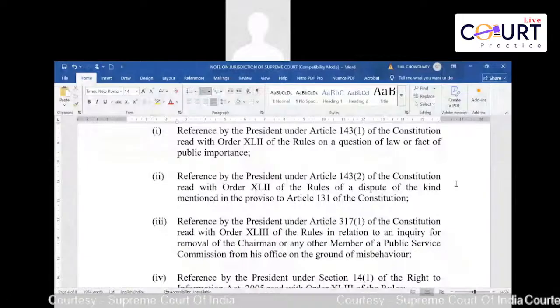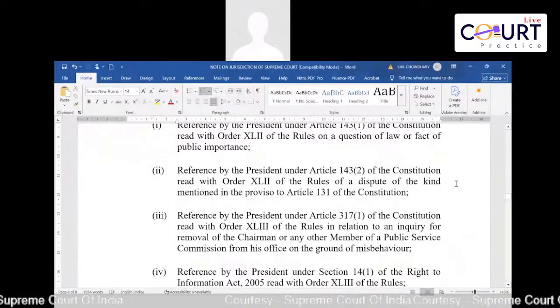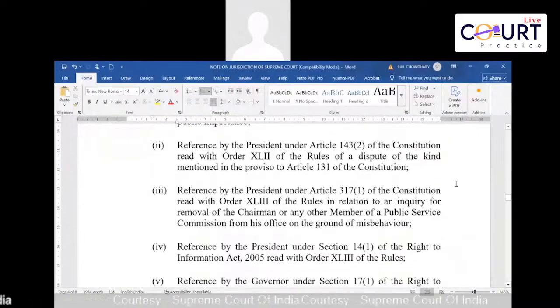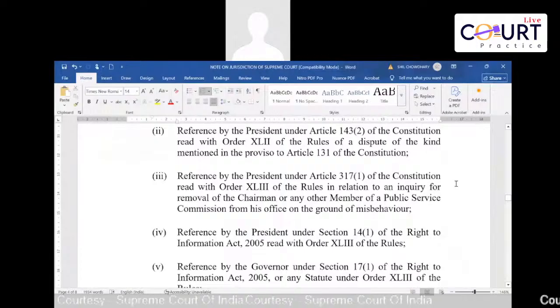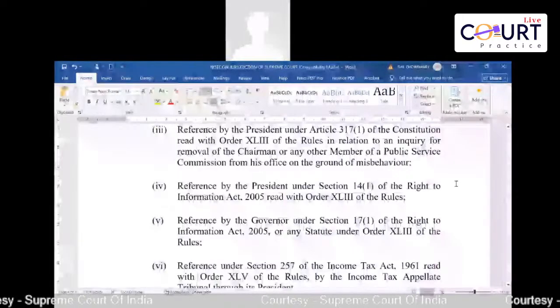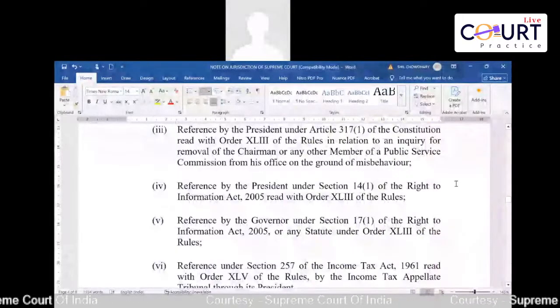Then the third category is a reference by the President under Article 317 in relation to an inquiry for removal of a chairman or any other member of the Public Service Commission from office on the ground of misbehavior. Now, this is not all. There are other statutes which also provide for references.